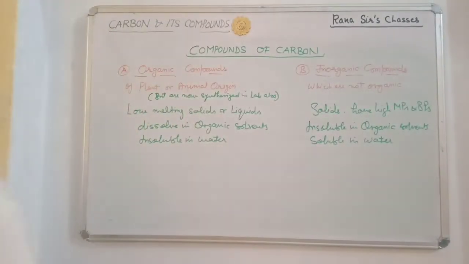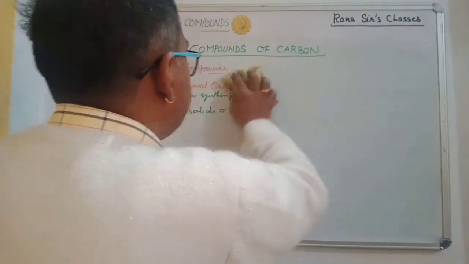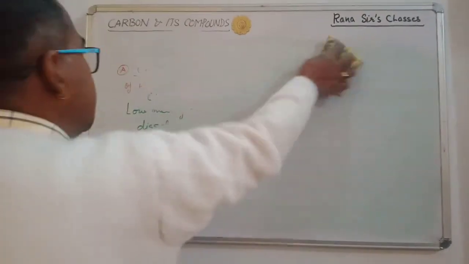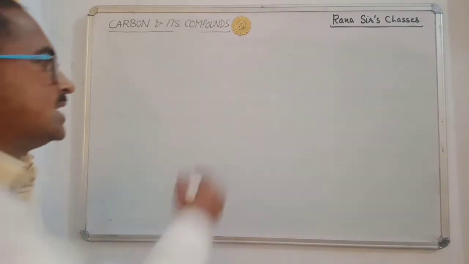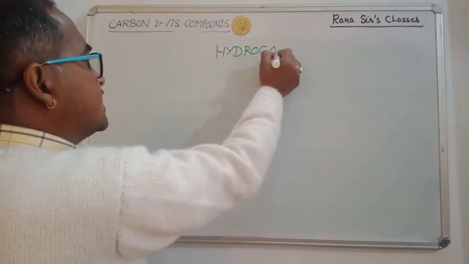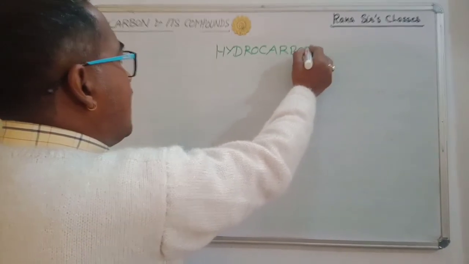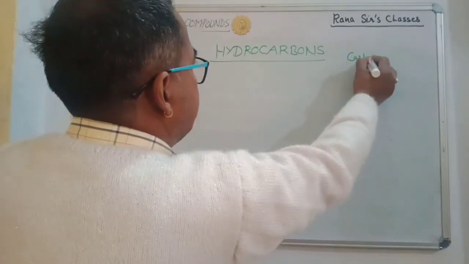Now we talk about our next topic, that is hydrocarbons. Our topic is hydrocarbons. So students, listen to this: hydrocarbons are compounds made up of carbon and hydrogen.